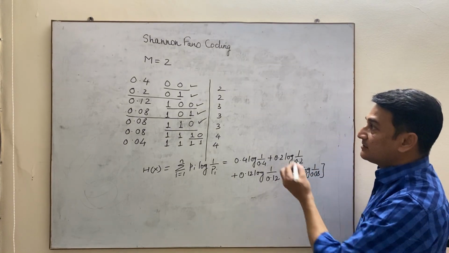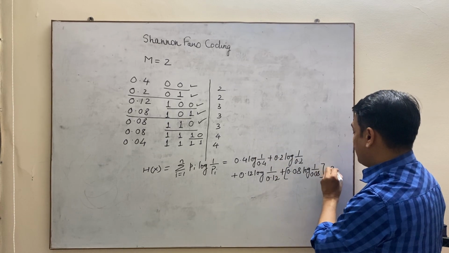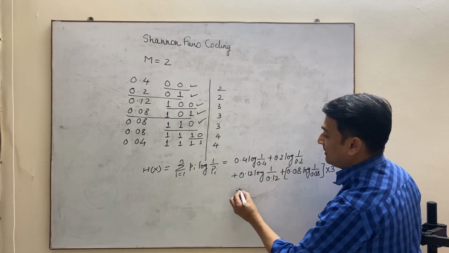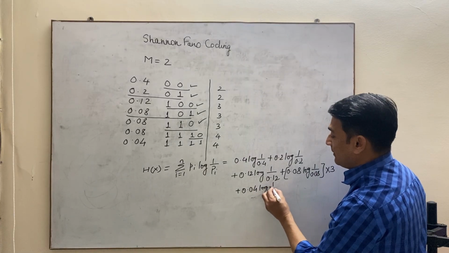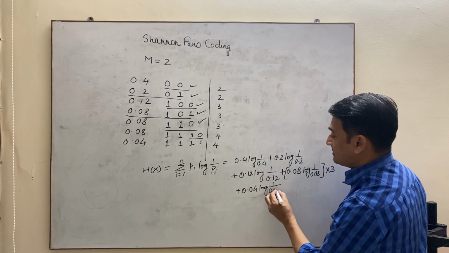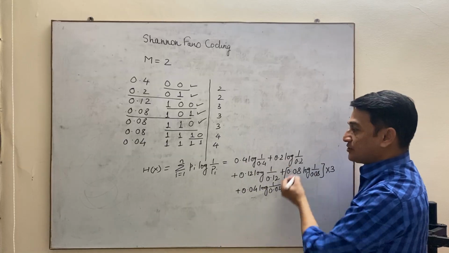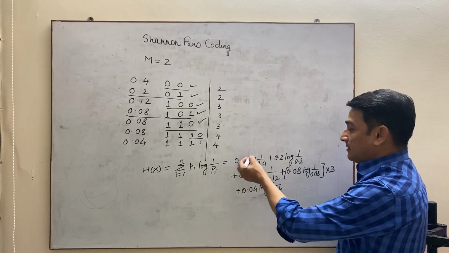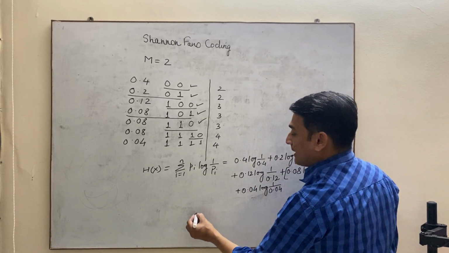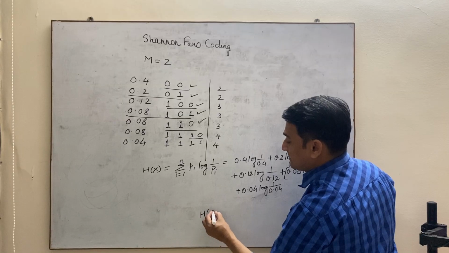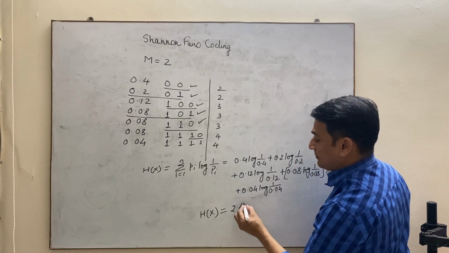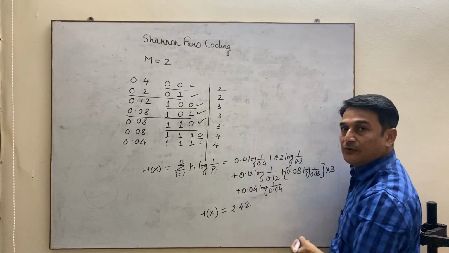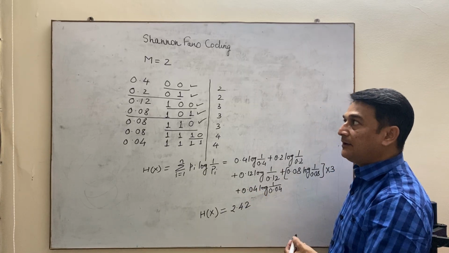This value comes thrice, so we can simply multiply it with 3, and then plus 0.04 log 1 upon 0.04. After writing all these values, now you have to calculate the value of Hx. So Hx is 2.42. This you have to calculate.